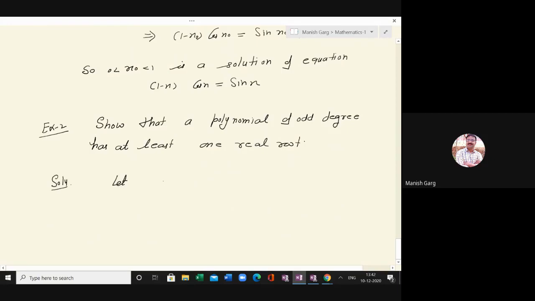Let f(x) equal a_n x^n plus a_(n-1) x^(n-1) plus ... plus a_1 x plus a_0, with a_n not equal to 0 and n odd, be an odd degree polynomial.